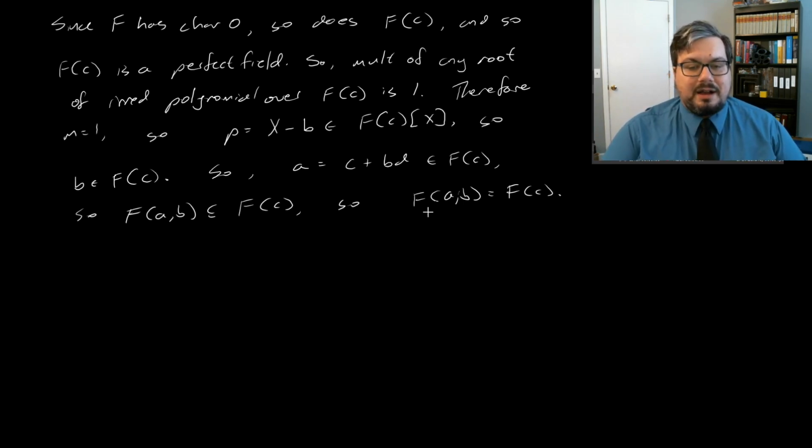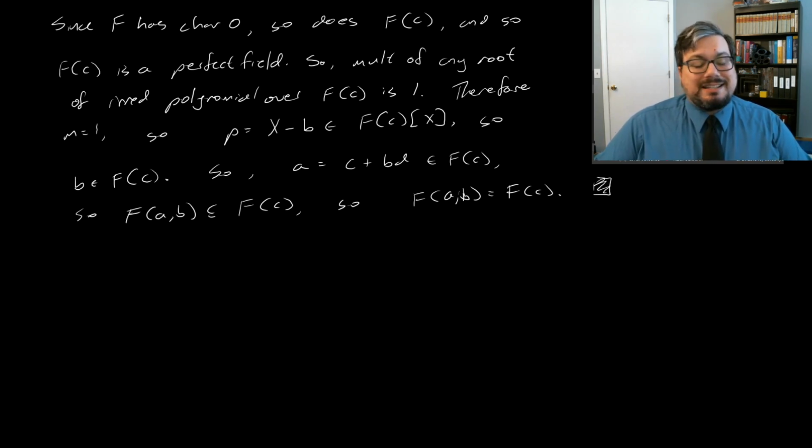So we've proven the result that we wanted: as long as you're working over a field of characteristic 0, then the smallest field containing any finite number of algebraic elements can be written as the smallest field containing just one algebraic element over your field.